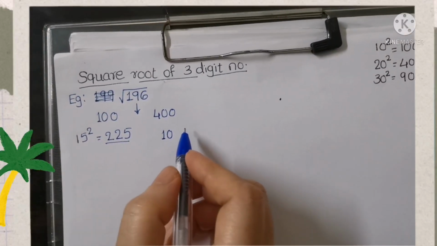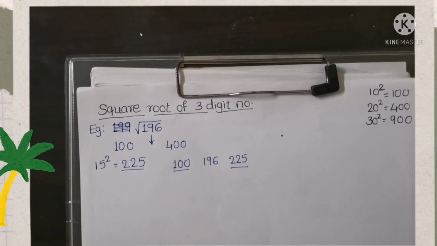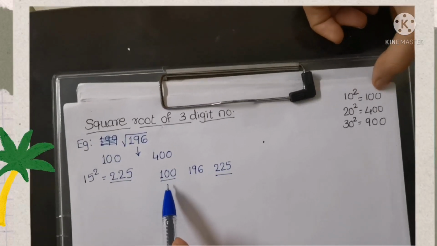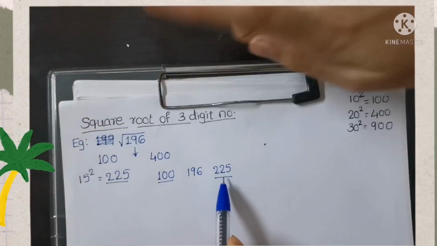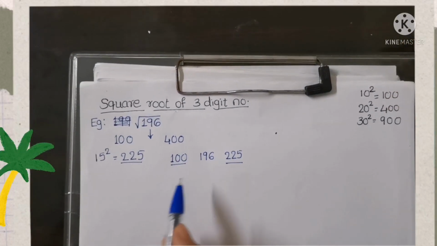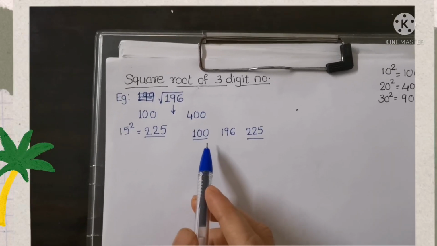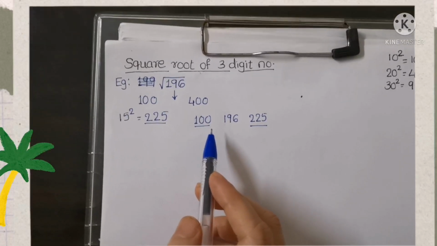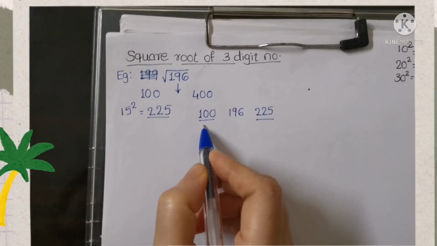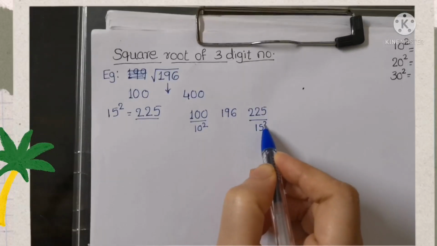If you don't know it, you can go back into the video and look at the trick for finding the squares of numbers ending with 5. Now we can see that the square of 15 is 225. So 196 lies between 100 and 225, which is the square of 10 and 15.